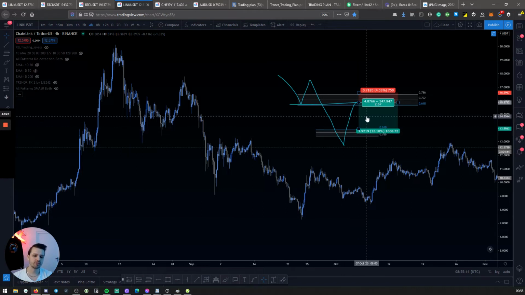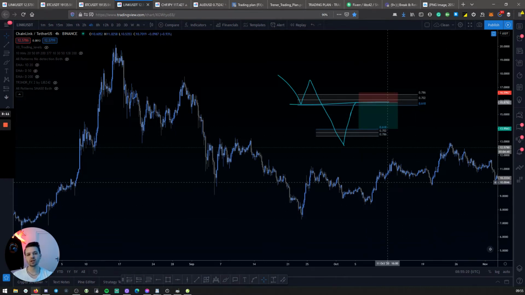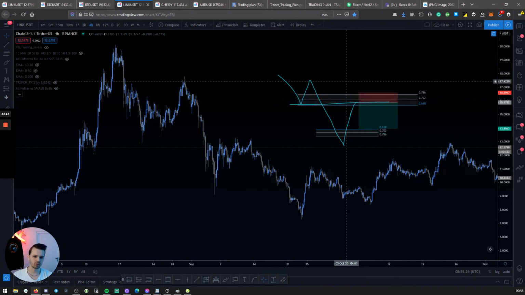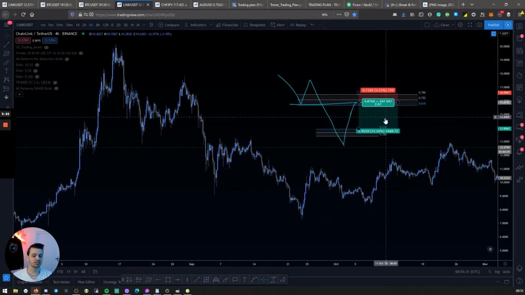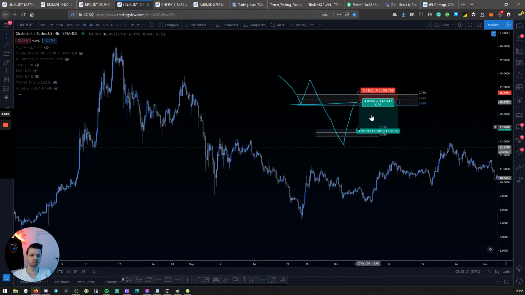The probability of this breaking down and continuing lower is good for letting your winners run, but it's not always sure that it's going to continue down. It's highly likely that it's going to test the 618. So if the risk to reward is in your favor, I would recommend just getting out here, right?